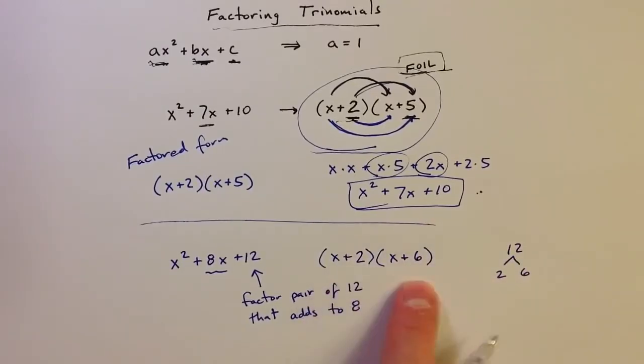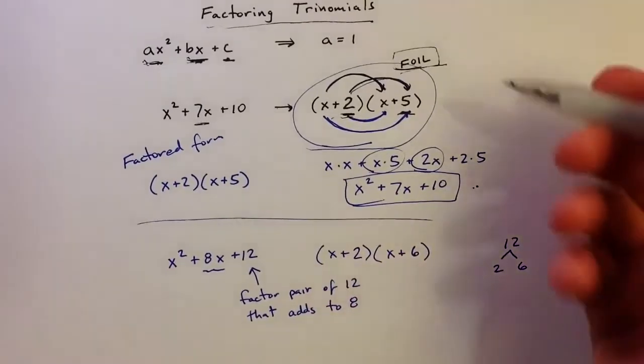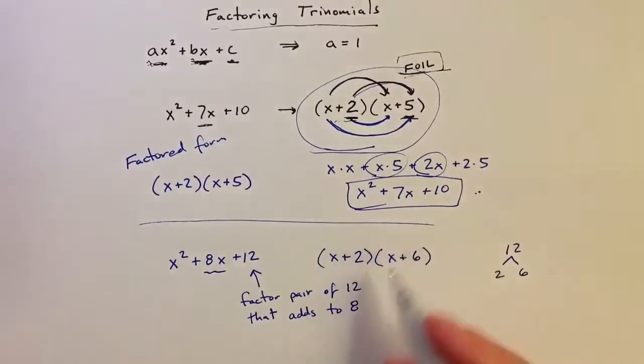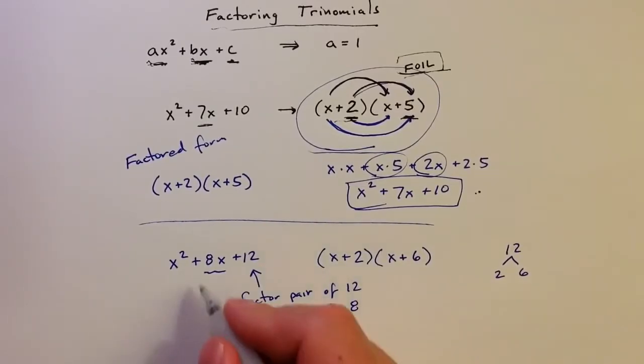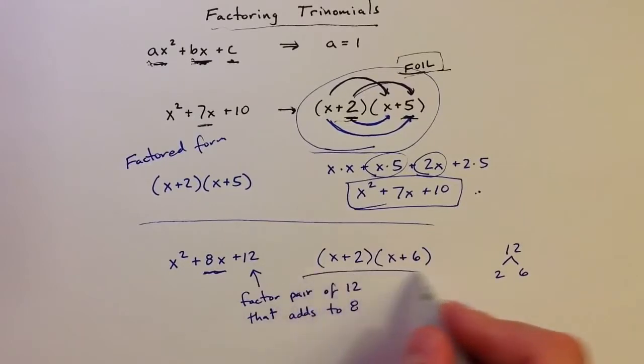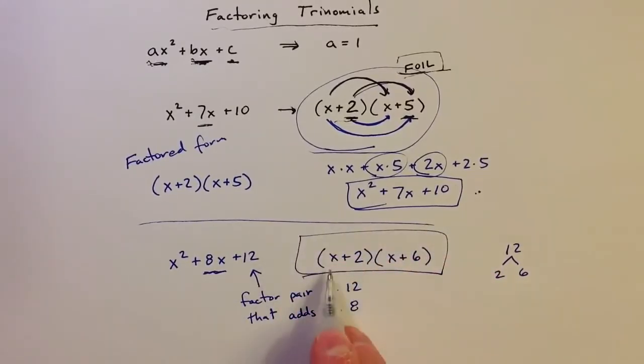If we check that by multiplying it out in a similar way to what happened with 2 and 5, 2 times 6 is 12, x times 6 gives me 6x, 2 times x gives me 2 more x, and so that gives us 8x, and this would be the factored form of the answer. Of course, the x times x gives me the x squared term.